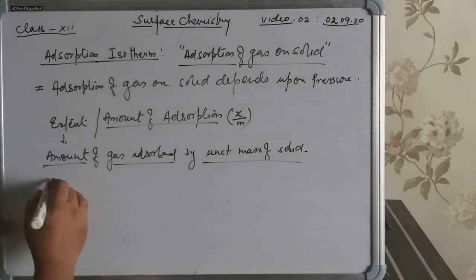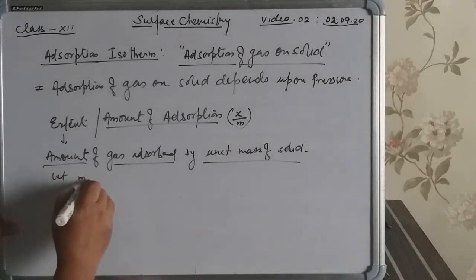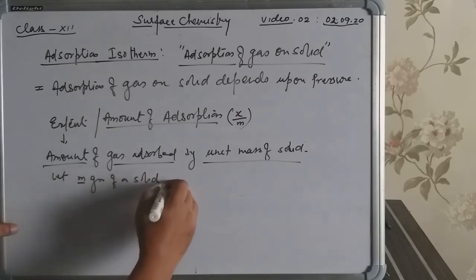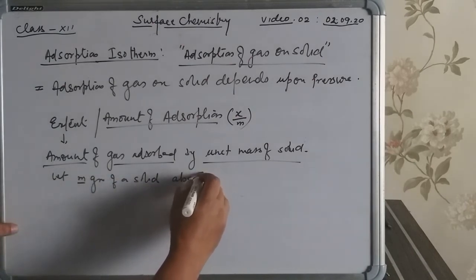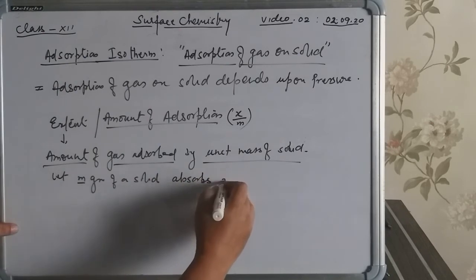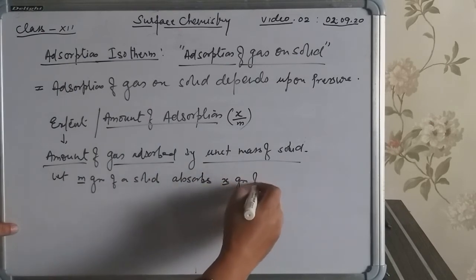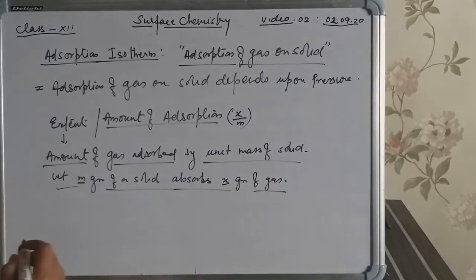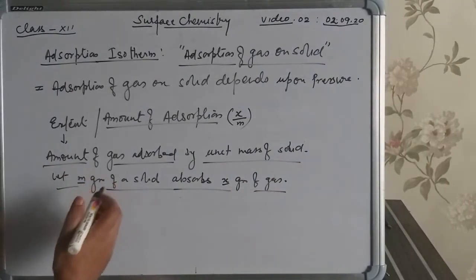So suppose m gram of a solid adsorbs x gram of gas. This is called the extent or amount of adsorption.